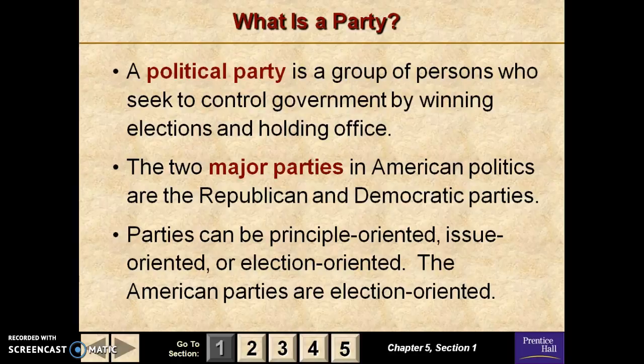The Democrats' choice is Bill Clinton, the incumbent. An incumbent is a person who is currently holding office and is running for re-election.